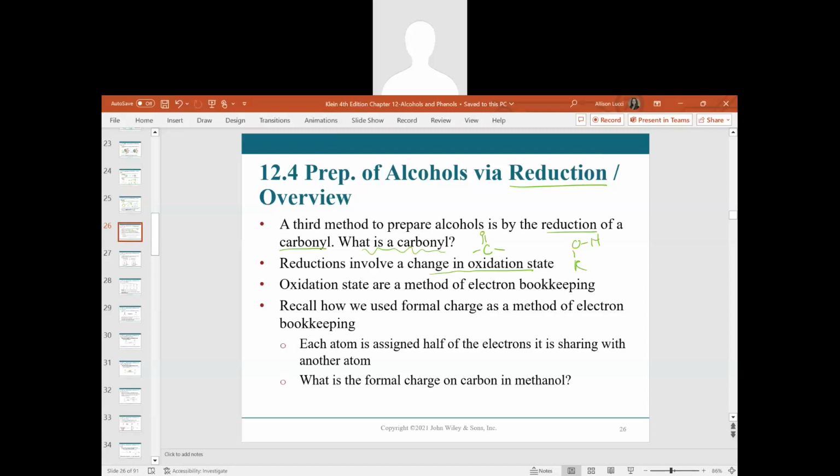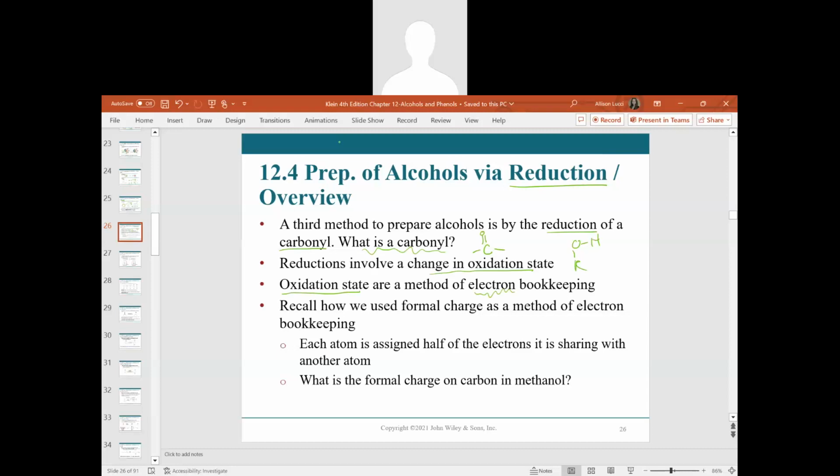We use this term oxidation state as a method of keeping track of how many electrons are attached to which atom. So we commonly refer to the oxidation state of carbon going from one to another when we perform things such as reduction.